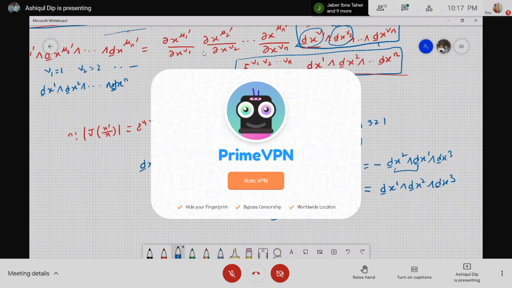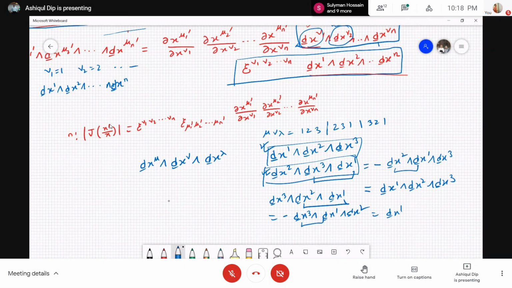If we switch 2 and 1, so switch these two things once, that gives you a minus sign. Then you have negative dx3 with dx1 with dx2, right? Switch these two things again, that gives you positive dx1 wedge dx3 wedge dx2. Switch again these two things.